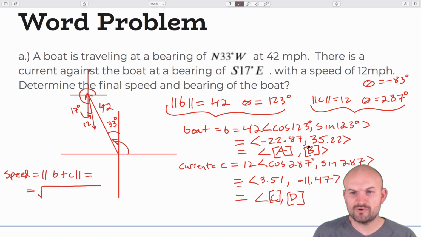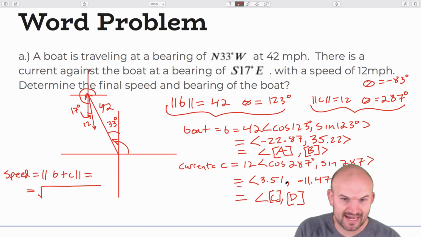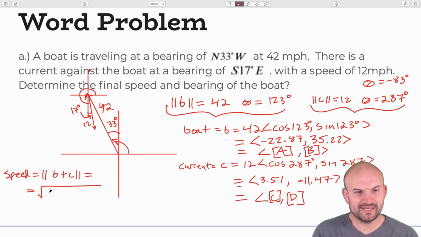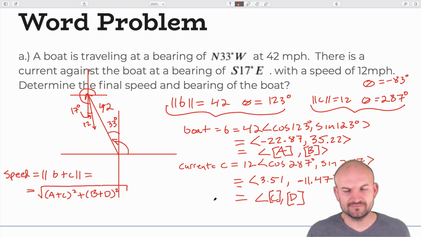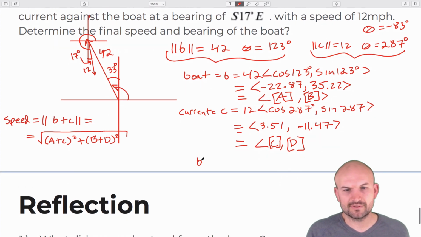That's going to be the square root of, if I want to find these components, A plus C, quantity squared, plus B plus D, quantity squared, right? You're basically combining these two vectors. So let me just write this down here. B plus C is equal to the vector A plus C and B plus D.